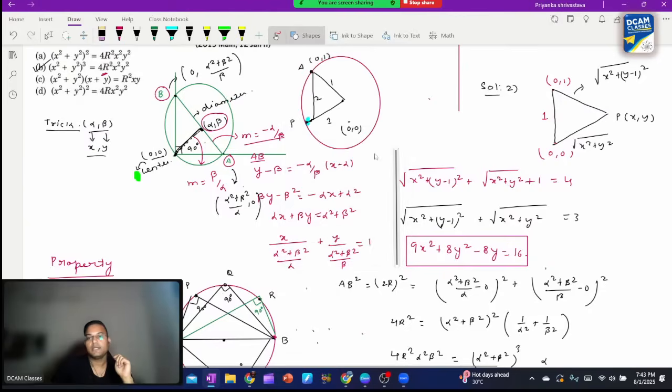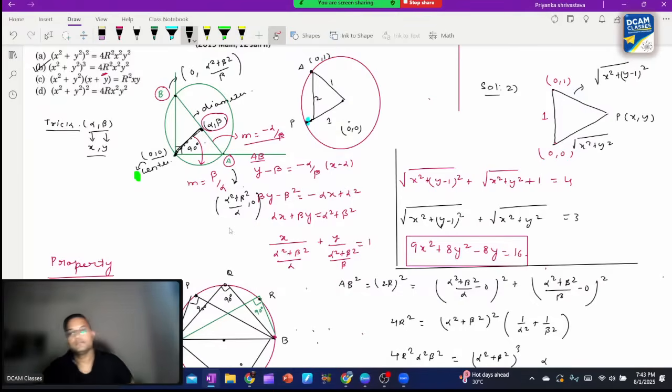Shyama, Haripriya and Kanishka, tell me, are you able to understand it or not? For Kanishka also the same problem. Kanishka, if you have seen the videos of straight lines, you will be able to do it. Sir, it's understandable, but it's a bit too long and complicated.